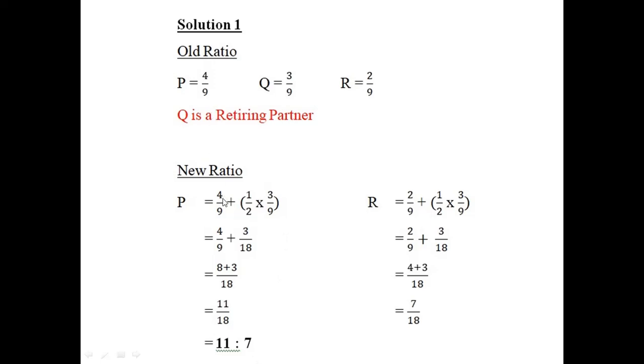This 4 by 9 is the same. This 2 by 9 of R also. Q is going out, and because it is said in the question that this will be shared equally between P and R, that is why 1 by 2 and 1 by 2 of Q's share, 3 by 9. Now you get the new ratio.